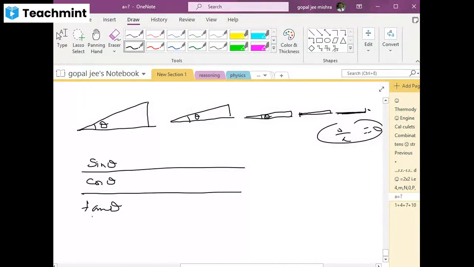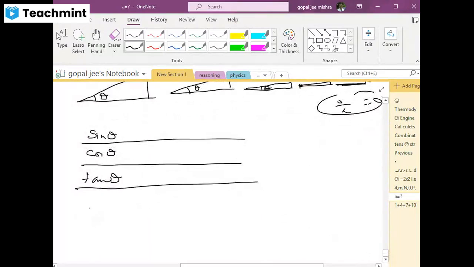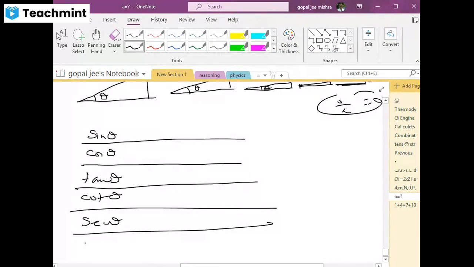After that all values will be inverted. There is no need to remember that, you will just invert it, but for the sake of completeness of the table I am writing it. So here we will write cot theta, after that secant theta, and after that cosecant theta.